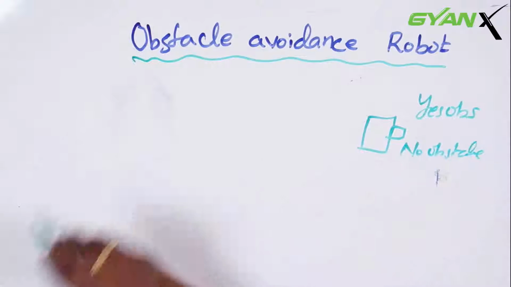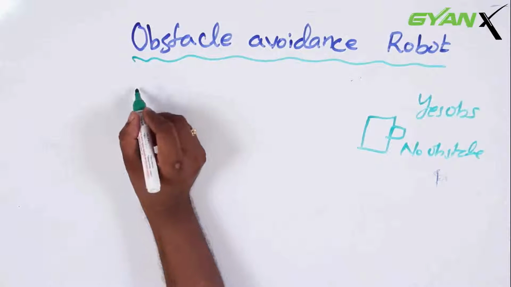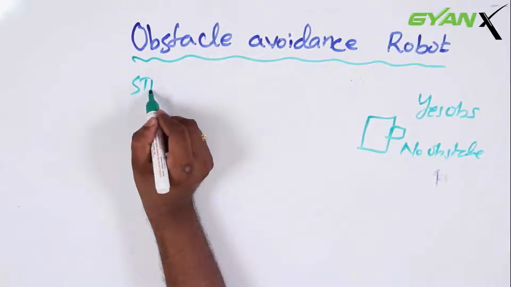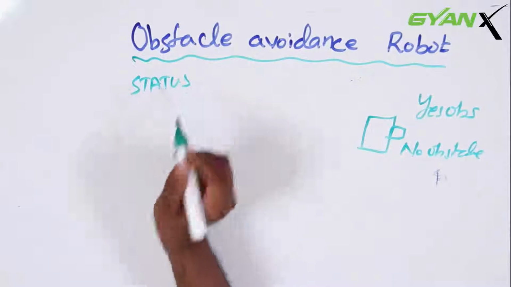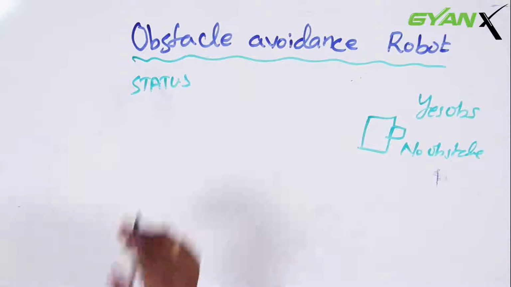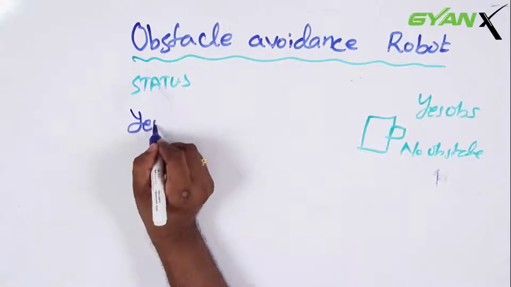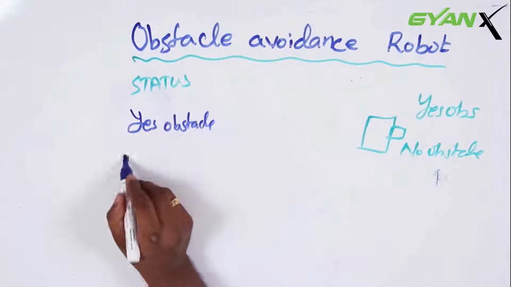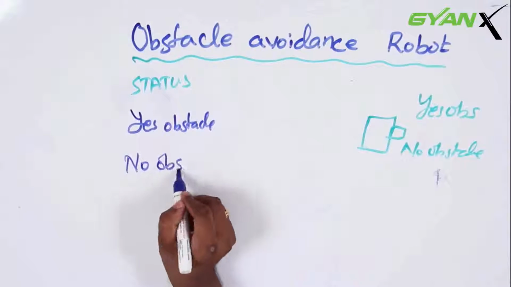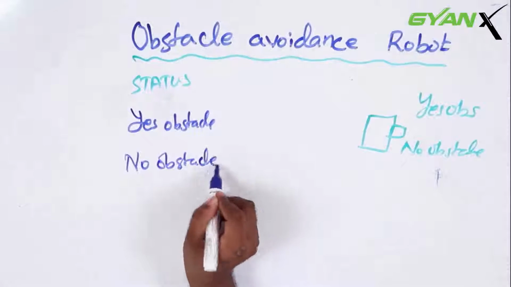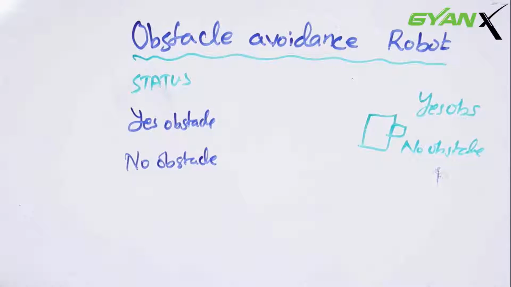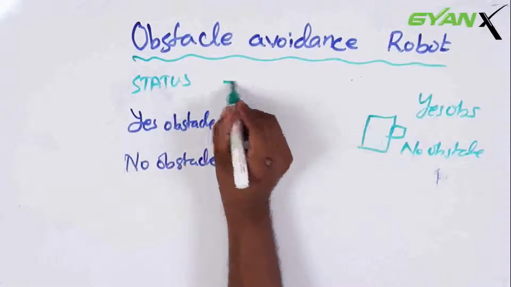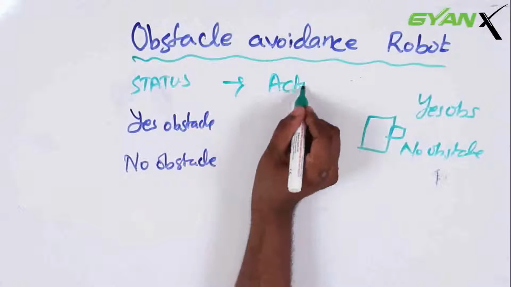If yes obstacle, what do you need to do? So I can write the status of the robot: it can be yes obstacle, it can be no obstacle.